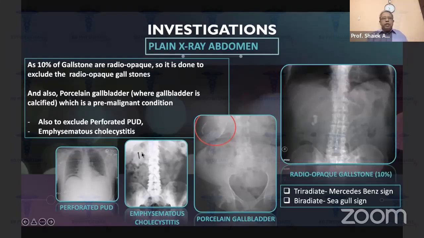For that reason, that picture is not free gas. It is gas within the lumen of an organ, that means the gallbladder. So by looking at the pictures, we can differentiate. Is it a pneumoperitoneum due to perforation of the duodenum, or is it an emphysematous gallbladder? Then further investigation confirms what the lesion is.